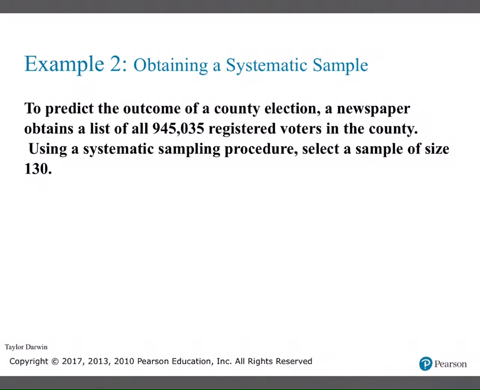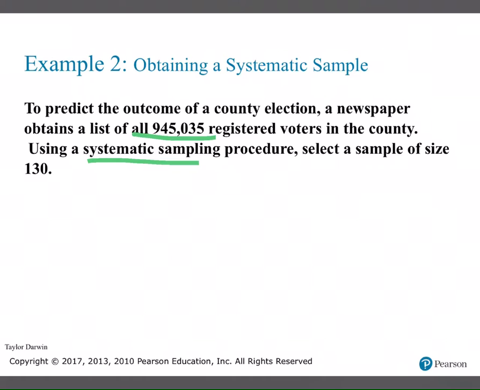Okay, this is dealing with big numbers, just so you know, but the process is still the same. It says, to predict the outcome of a county election, a newspaper obtains a list of all, so that's your big N, population size, 945,035 registered voters in a county.